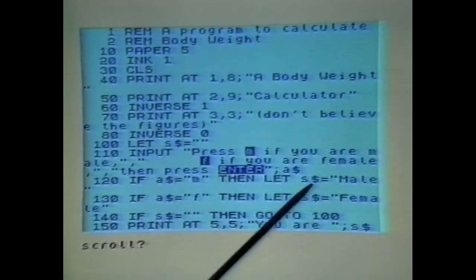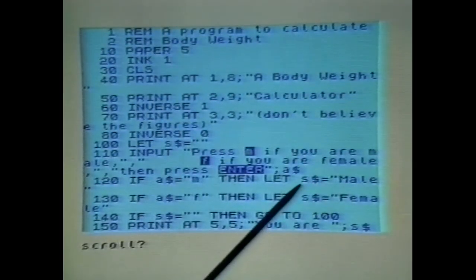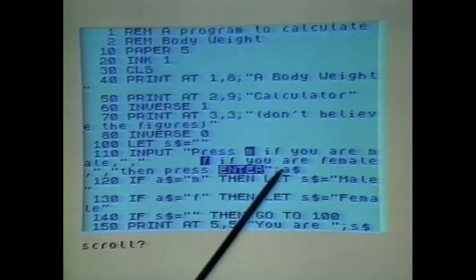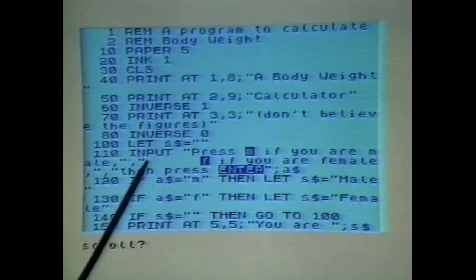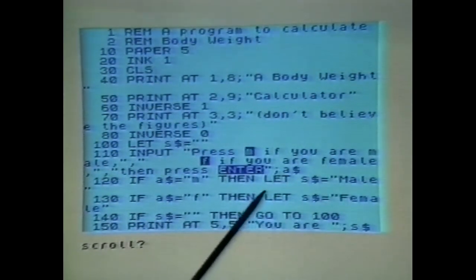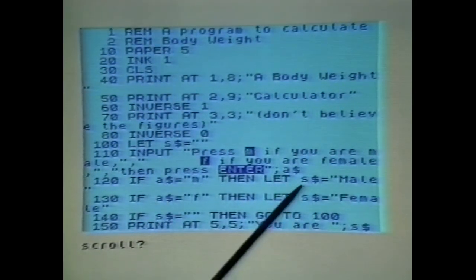S$, in the same way, is another variable. Because it's got a $ after its name, it's going to be something that's going to hold characters. Whereas with A$, we put a value in there by typing it in an input statement. A let statement allows us to put whatever value we like into that variable.